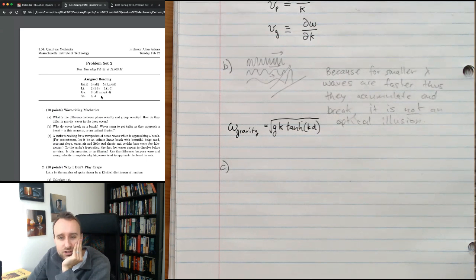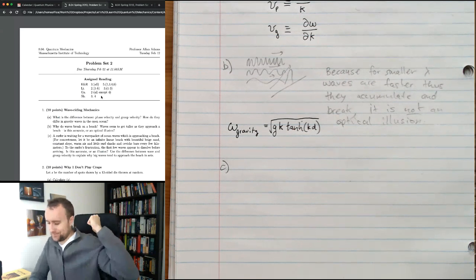To the surfer's frustration, the first few waves appear to dissolve before arriving. Is this accurate or an illusion? Use the difference between phase and group velocity, explained by big waves tend to approach the beach in sets.